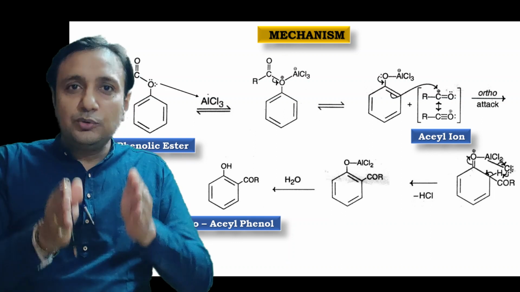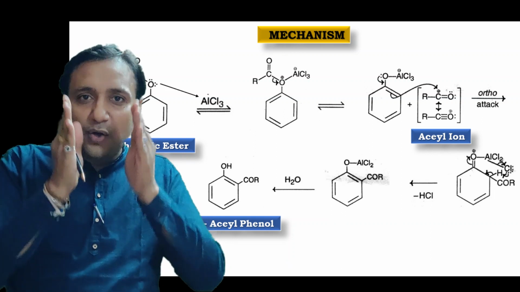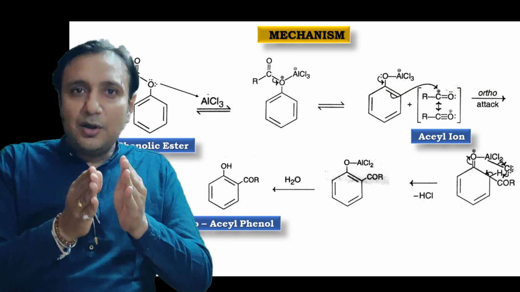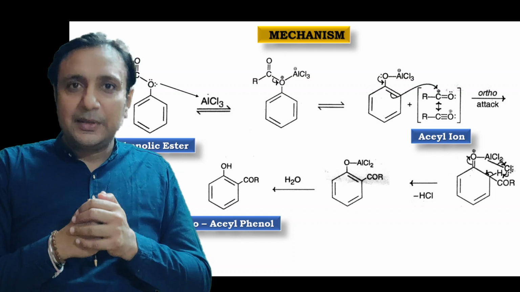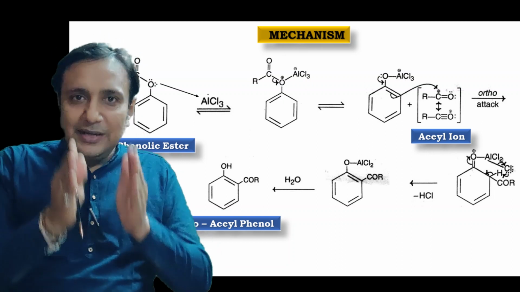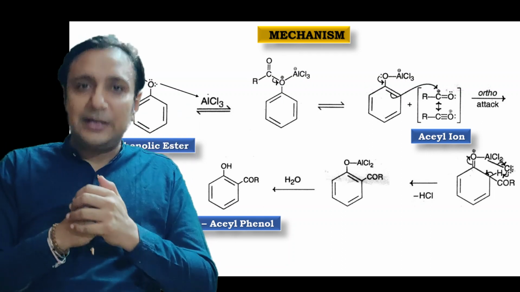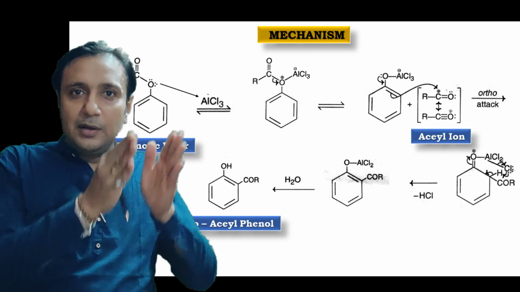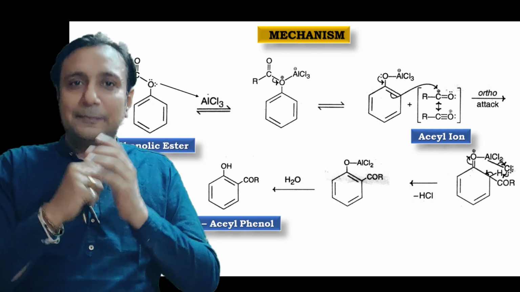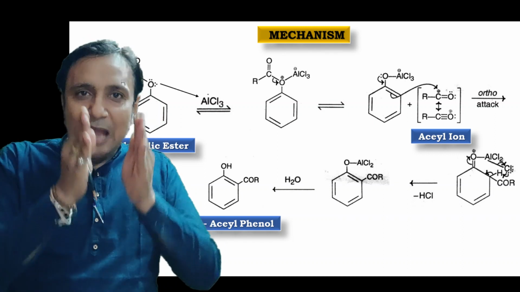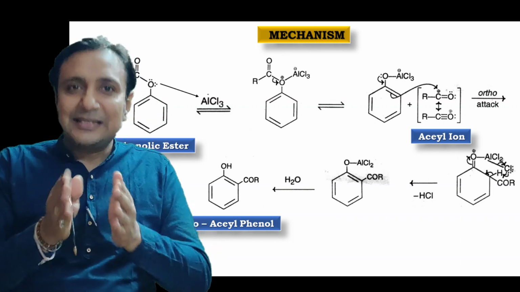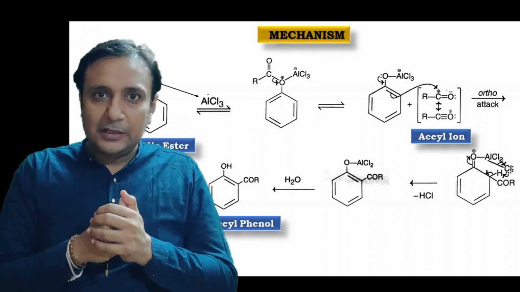Due to the lower electronegativity of carbon, the carbon of the acylium ion will be converted into a positive charge, and oxygen will take its lone pair of electrons back from the acylium ion. That's why phenoxyaluminium trichloride and acylium ion are obtained.